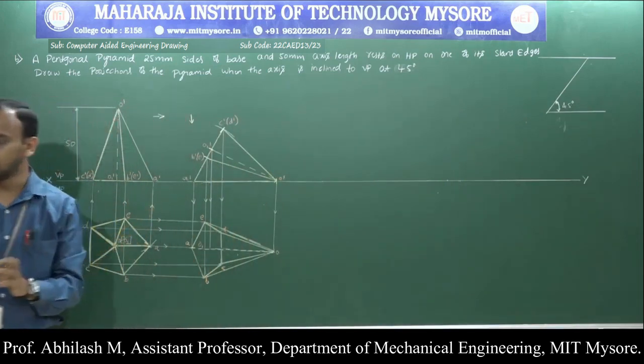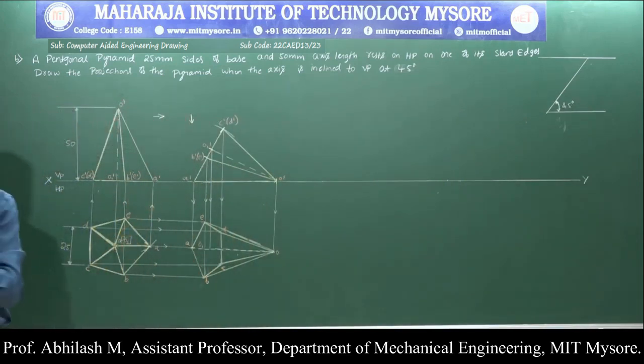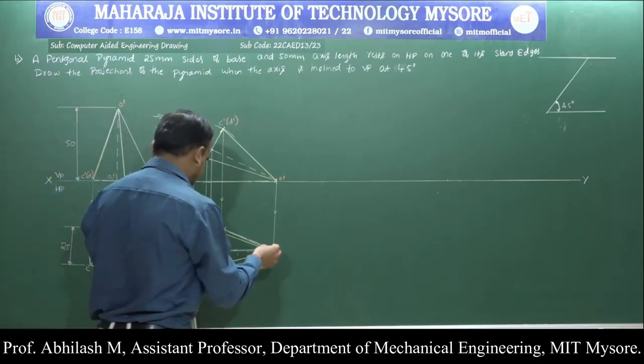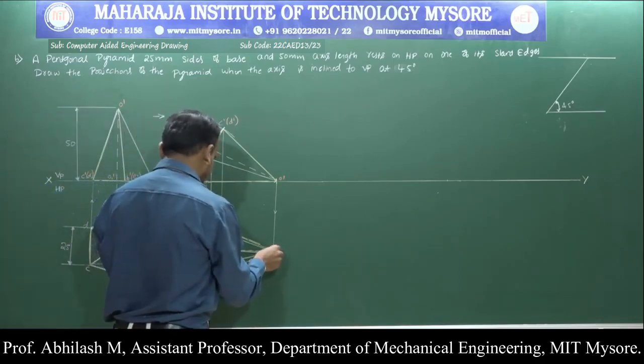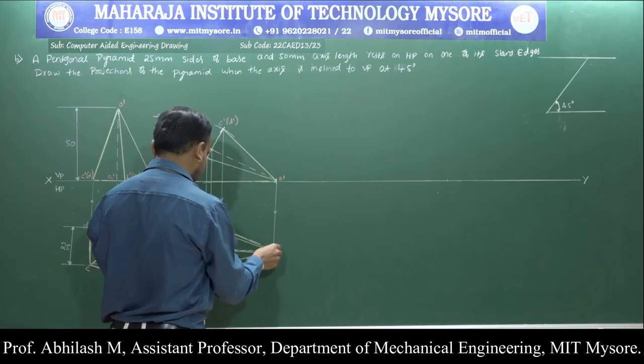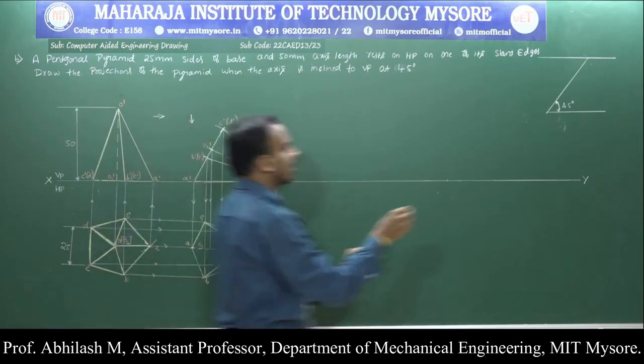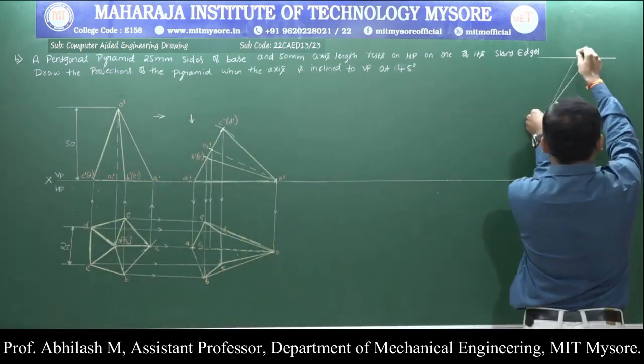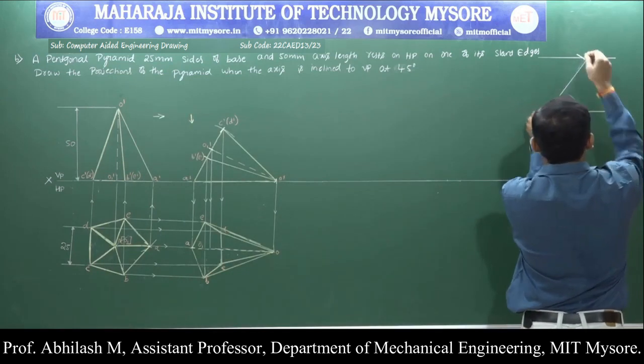Now if I measure from O to O1, the axis length has been changed. I need to measure from O to O1 because the axis is inclined, and then cut an arc on the new locus that we have obtained.